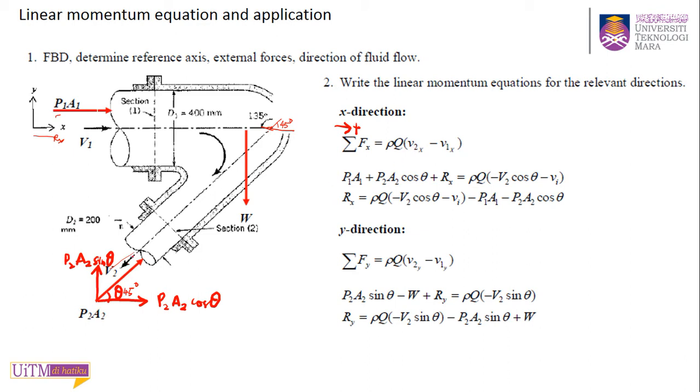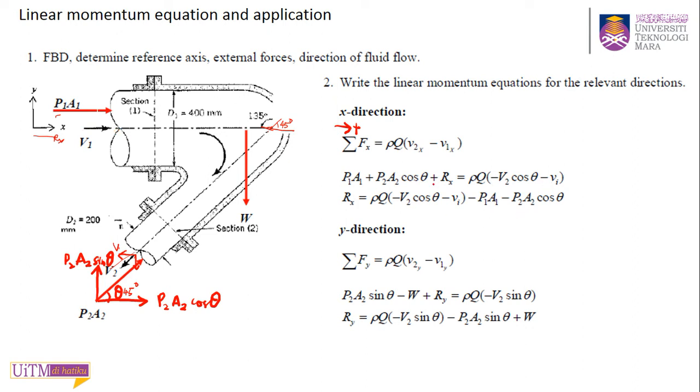So this is V2. V2 pun ada dua komponen, satu ke Y, satu ke X kan. So you have your V2 in X direction equal to V2 cos theta, and because it moves in the opposite direction to your reference, that's why it's negative, minus V1X. V1X is this one, in the same direction, so that's why only minus V1.